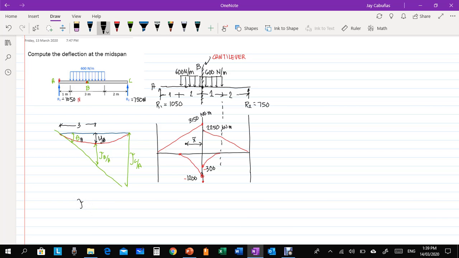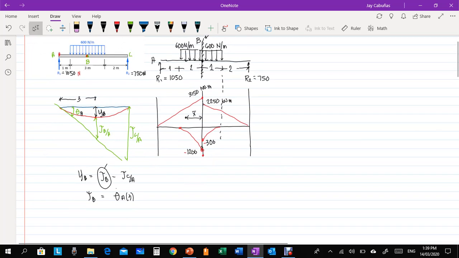So our goal here is to compute for YB, right? So YB is just the deviation at B minus the deviation of C relative to A. To get the deviation at B, this height, the total height here, is theta A times 3, right? Sorry, the deviation is just theta A times 3.